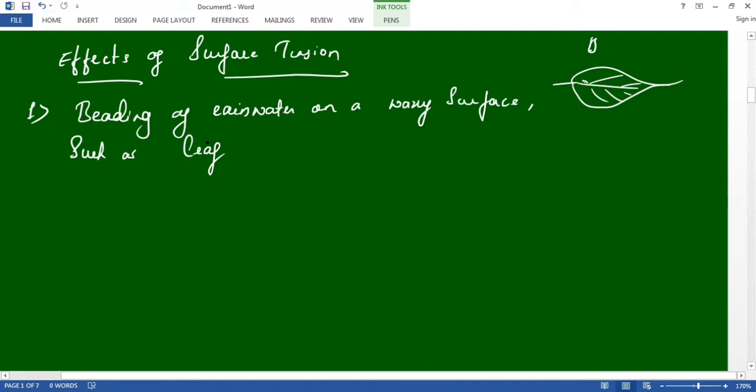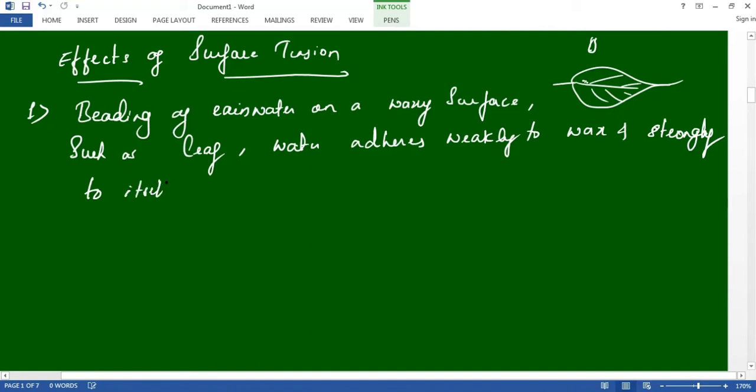Water adheres weakly to the wax and strongly to itself, so the water clusters into drops.